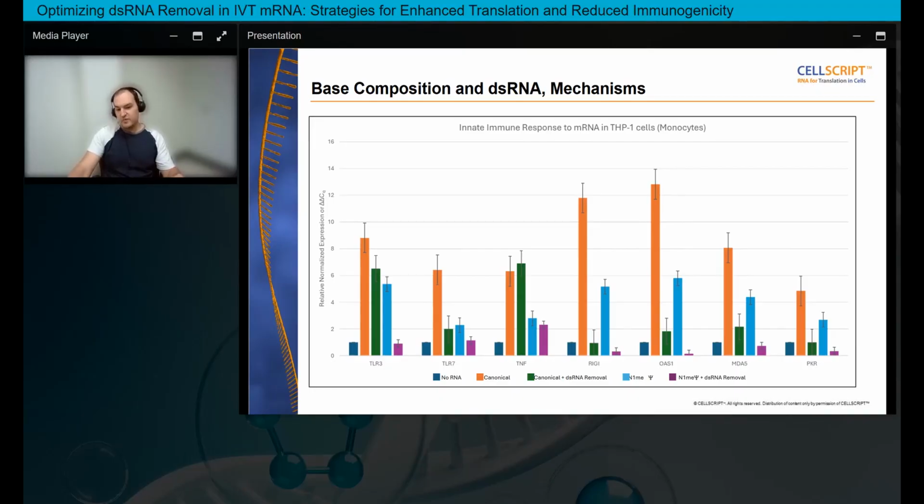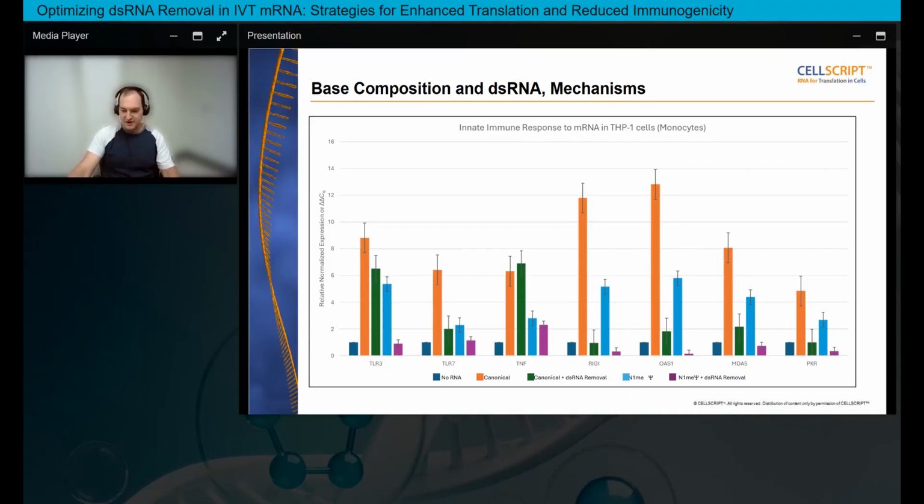And in this case, I think that the overarching message, which I will show in numerical format in a second, is that without any RNA, everything was pretty low, which would be the blue bar on the left of each one of these. Using canonical nucleotides with double-stranded RNA, the orange bar, you see an immediate spike of a lot of different immunostimulation. And then depending on different levels or different types of either dsRNA removal or N1-methyl pseudo-U, which would be green and blue, you see a reduction.